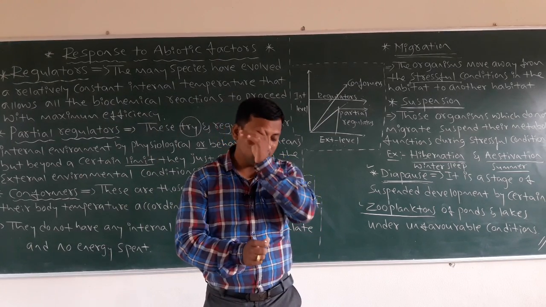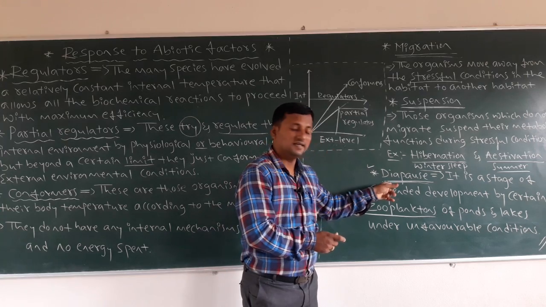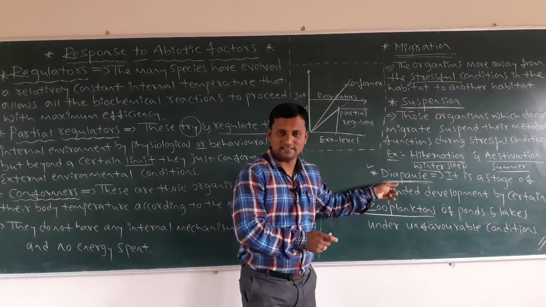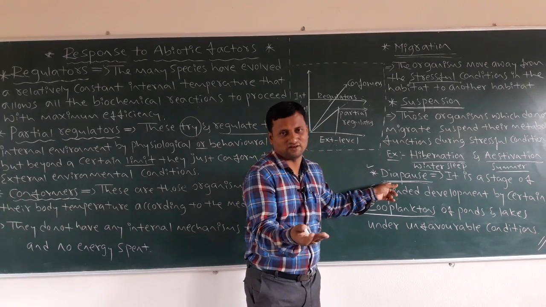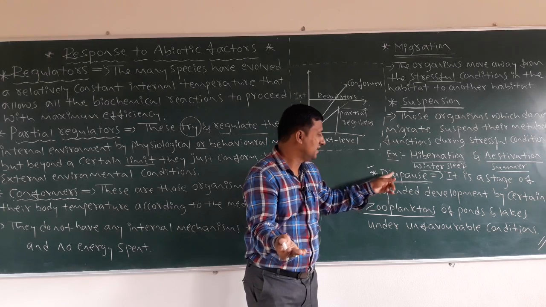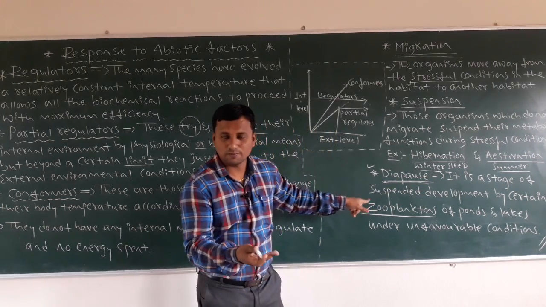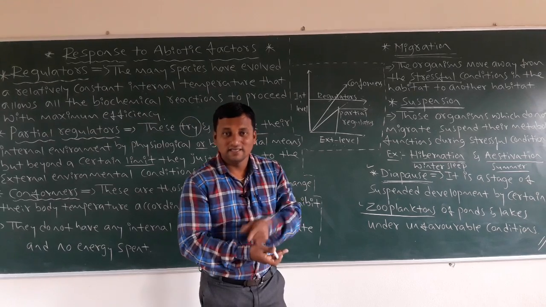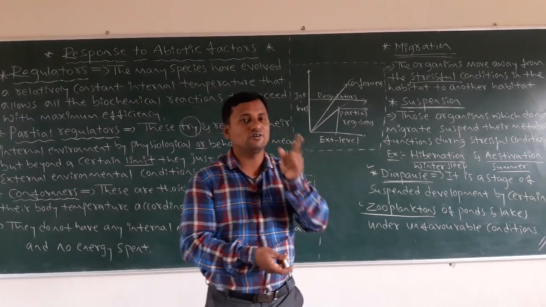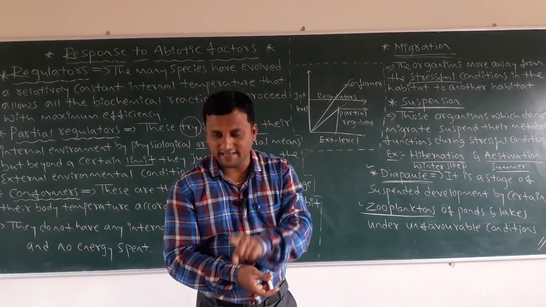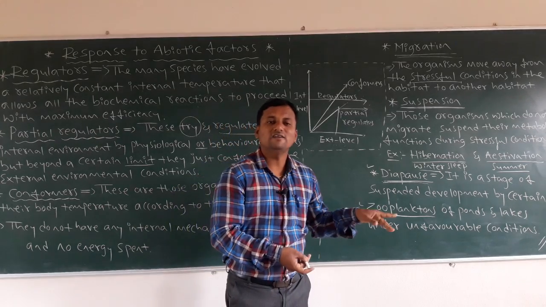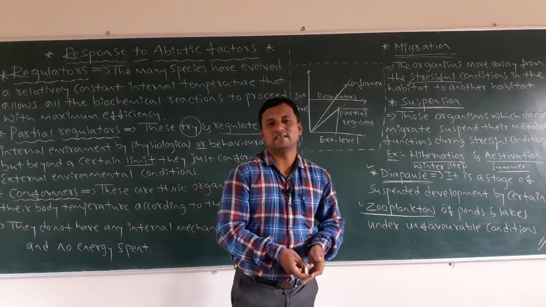So those types of organisms we call diapause organisms, or that condition is called diapause. What is diapause? It is a stage of suspended development by certain zooplanktons of ponds and lakes during unfavorable conditions.